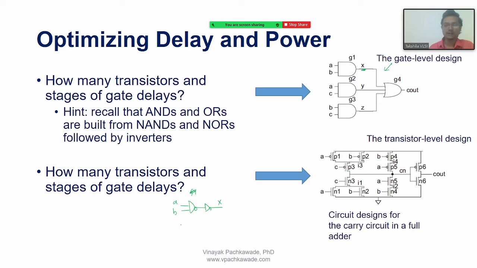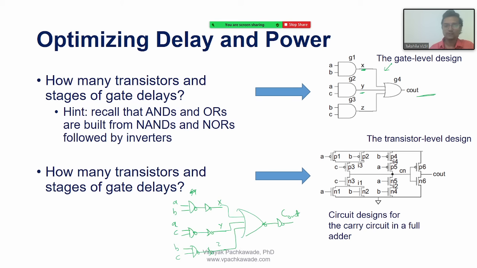Then I have A and C, which gives Y, and the same with B and C, that's Z. And now what about this 3 input one? I know that it is an OR gate. So first I need an OR gate, and this is my C out right here.